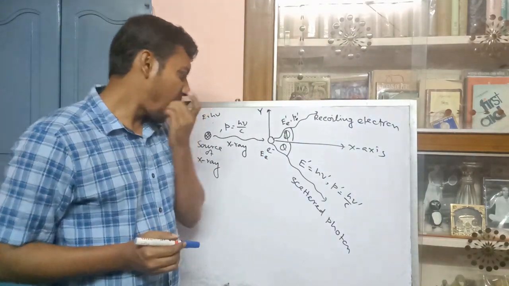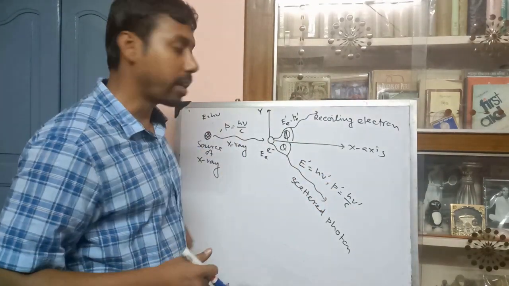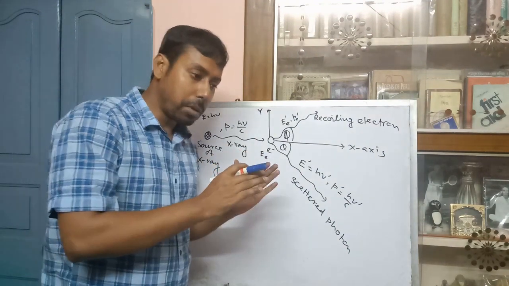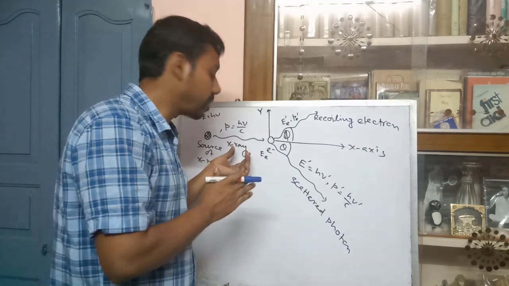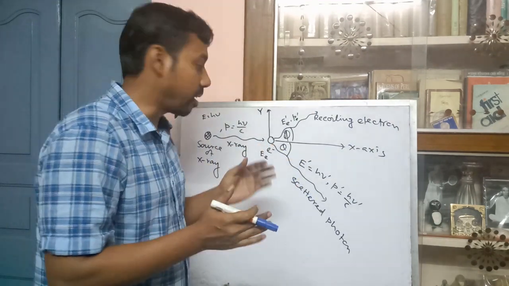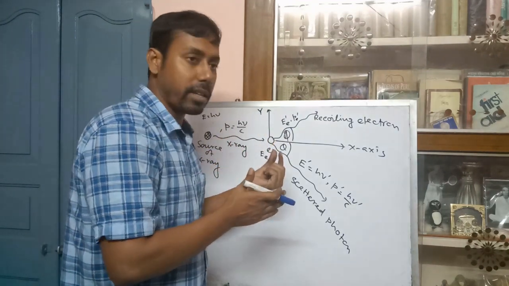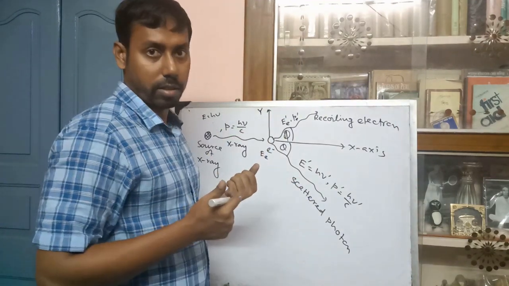Now according to Compton, this phenomenon we are getting experimentally, this X-ray is composed of a stream of particles. He considered the X-ray wave as a particle. When this particle collides with another particle, that is the electron, it is considered a particle-particle collision.